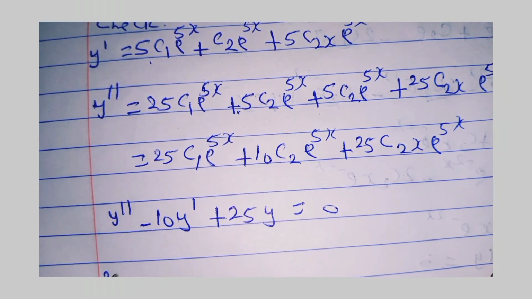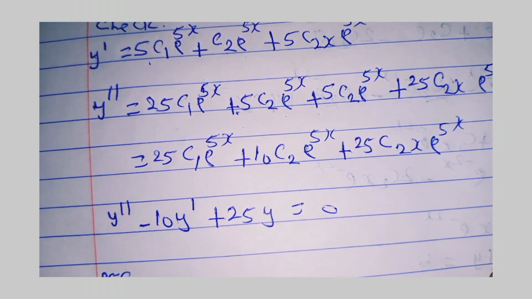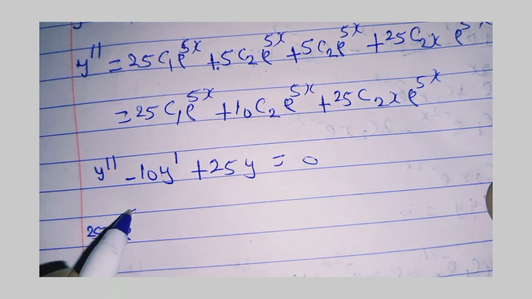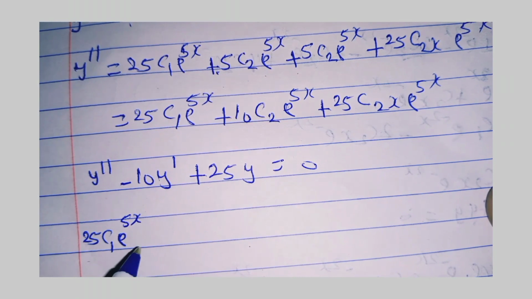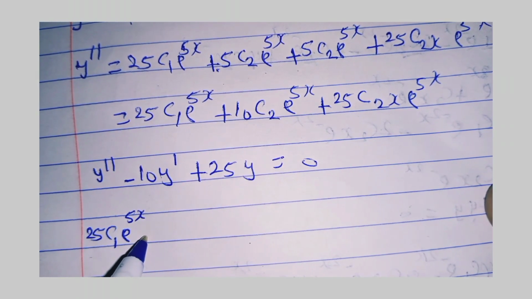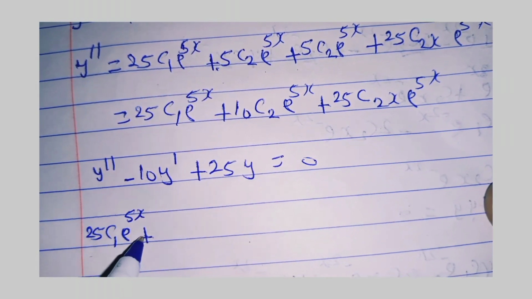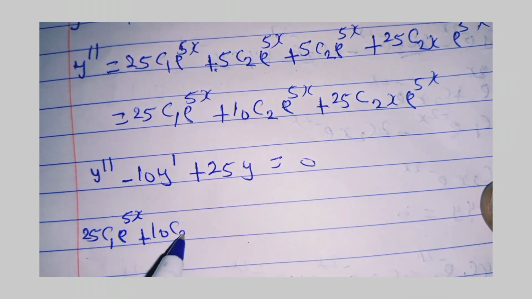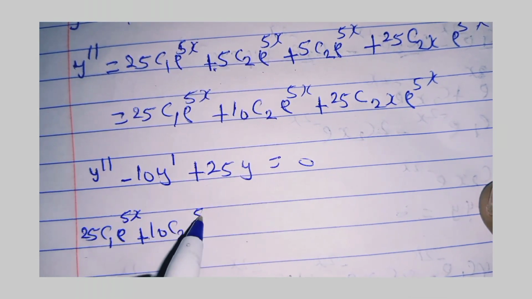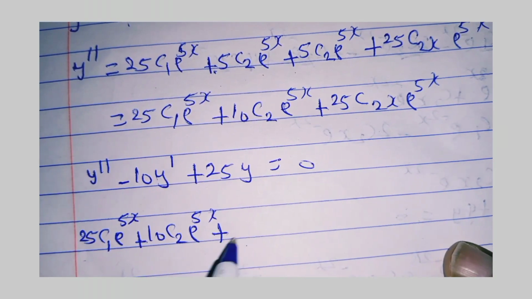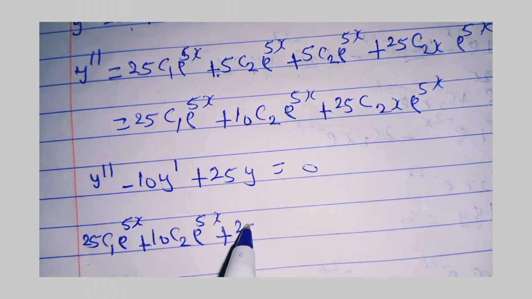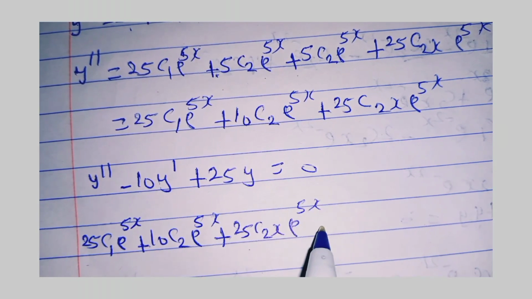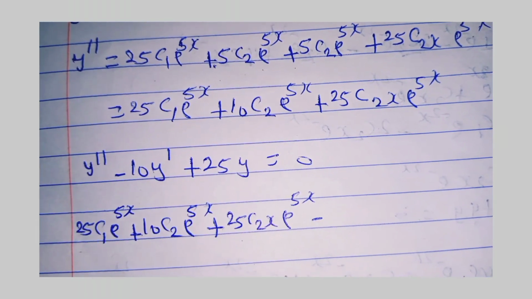So we have 25 c1 exponential 5x plus 10 c2 exponential 5x plus 25 c2x exponential 5x. The other one is minus here.